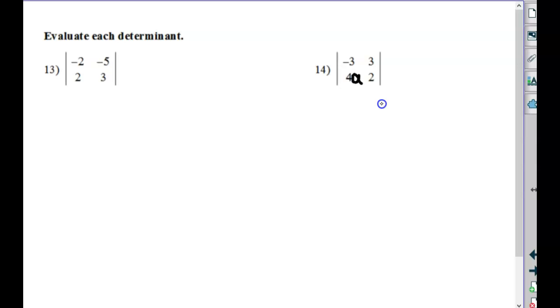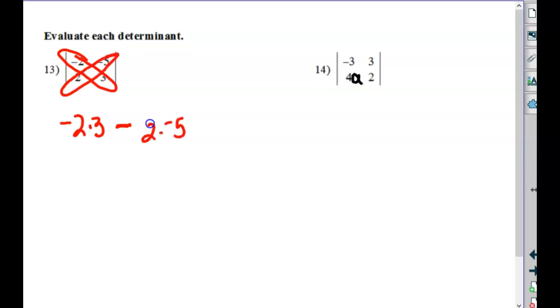I don't want it. All right, I got to introduce determinant super fast. Okay, watch. You multiply these, negative 2 times 3, and then you subtract, and it's always subtract the product of this diagonal. 2 times negative 5. So I get negative 6 minus negative 10, or 4. It's a determinant.